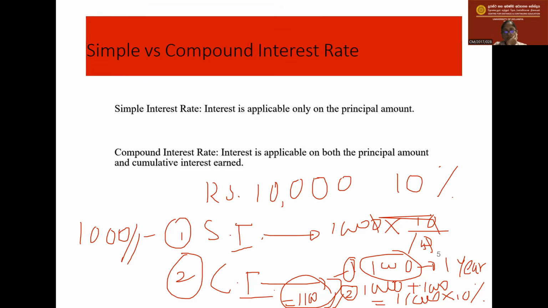For this 11,000, you have to apply the relevant interest rate of 10%. Then you get the interest as 1,100. So that is the compound interest in the second year. In the first year it's 1,000, but in the second year it's 1,100. When it comes to the third year, what you have to do?